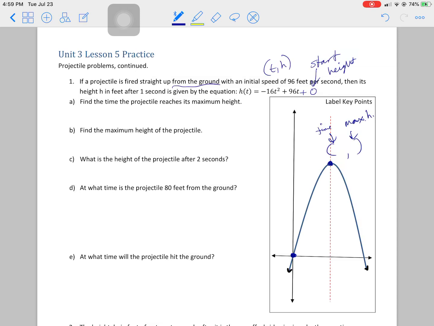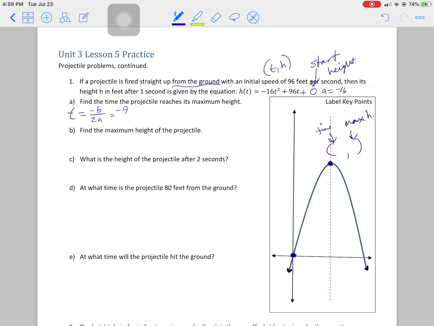So let's see. I need my T. They're going to use T. So for the time it takes, vertex formula. It's always where I start for a min and a max. I didn't write it down.